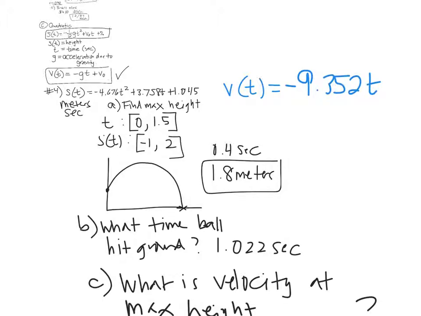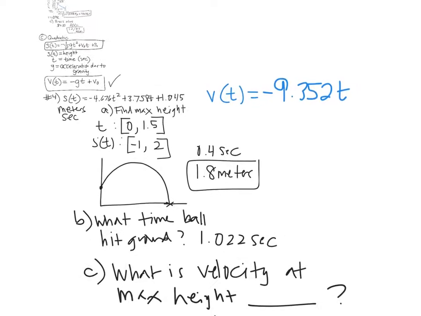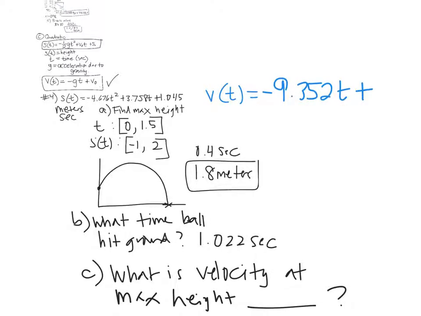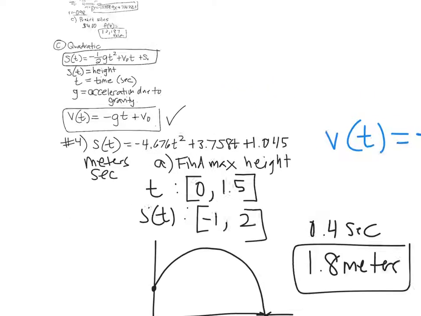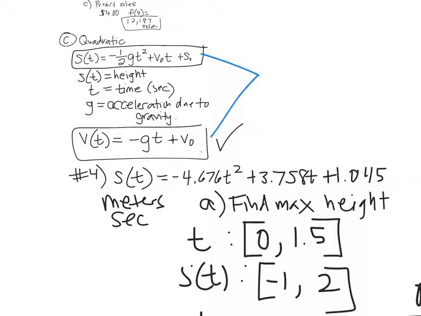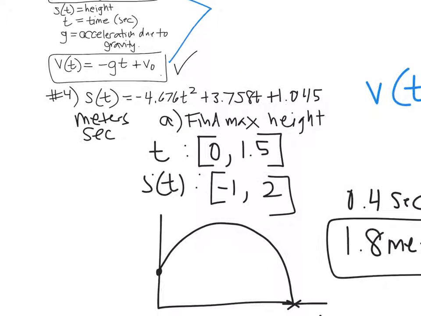Then put a t there, velocity. And then plus the initial velocity, which was 3.758. So you have to find it from your equation. Do you see what I did? Right here, this and this, they are related. This is negative 1/2 gt squared. This is negative gt. So I take that 2 and multiply it by negative 1/2 to get negative gt, and then plus v sub 0. We just took the derivative, which you don't know about yet.